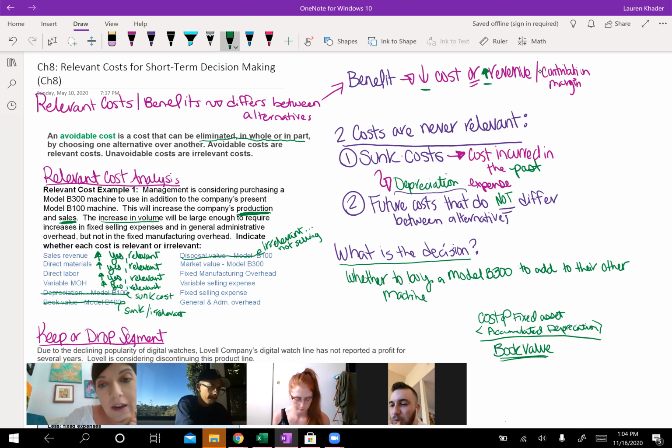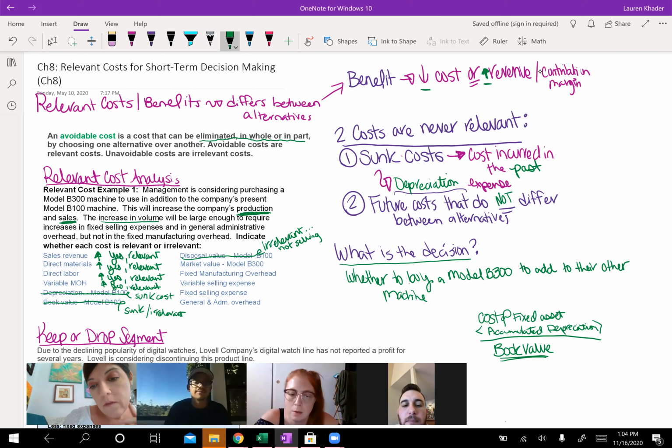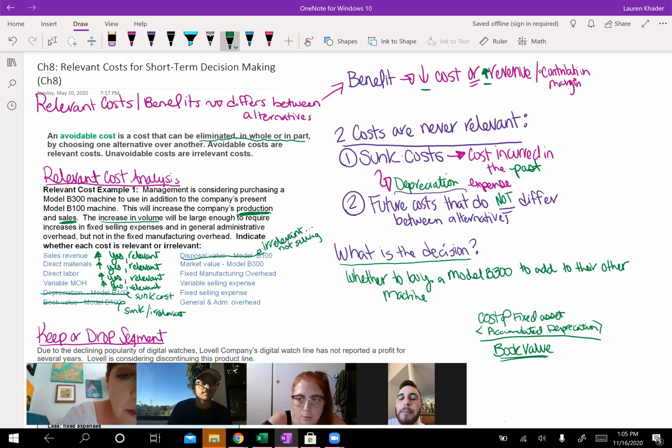It's looking at just adding an additional machine. Market value of model B300. Relevant, absolutely. We have to pay for that equipment or that machine. So how much we have to pay is relevant. It's a cost that we're going to incur.